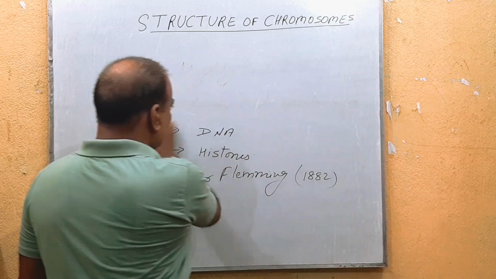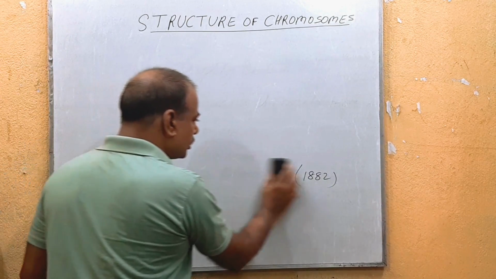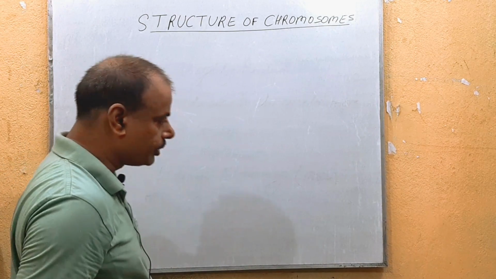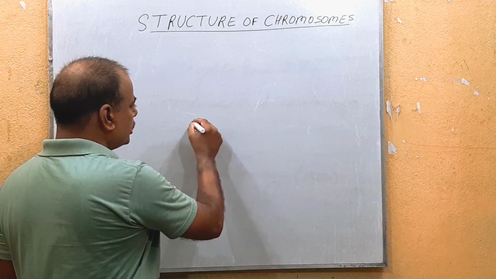So we can say chromosomes are made up of two longitudinal structures.